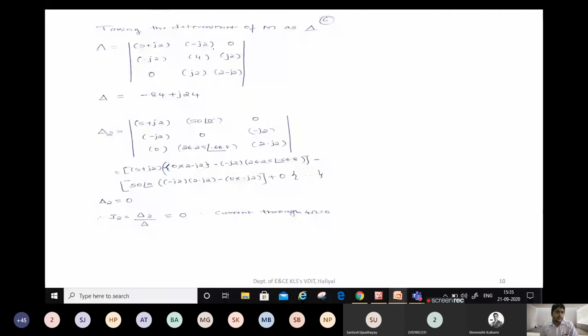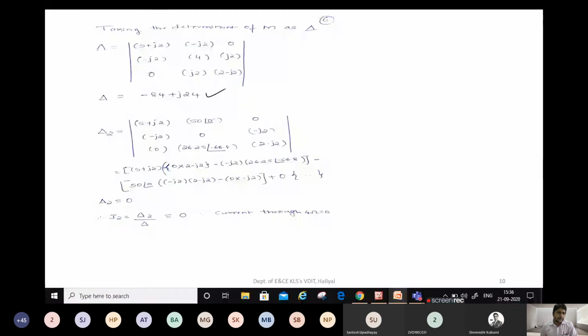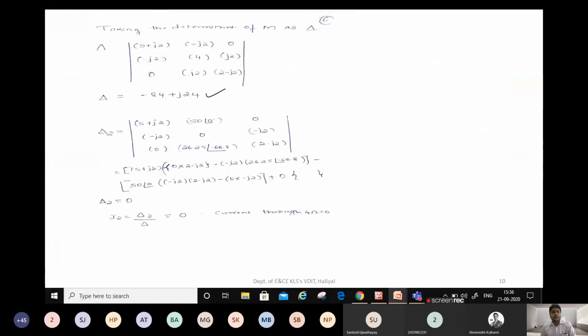First you have to find delta. Delta means the determinant value of this matrix. So we'll get this value delta. Since we want I2 here, meaning the current through the 4 ohm resistor, we need to evaluate delta 2. If I1 is asked, you have to write delta 1. But how to find delta 2?